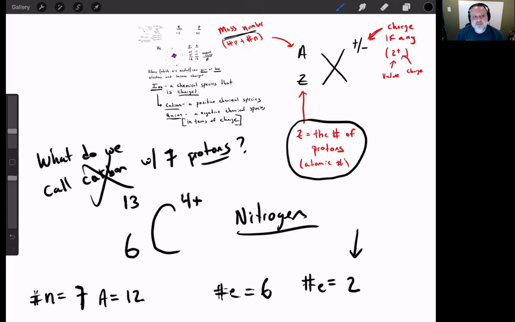And so this is a common mistake that students make. When we talk about ions and you're first learning about it, you think to yourself, well, if I add a proton, then I must have a positive charge now, so I'm carbon with a plus. But you have to get back to the basic definition of elements and remember that the number of protons determines the element.